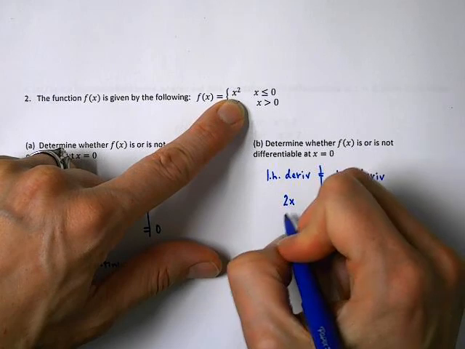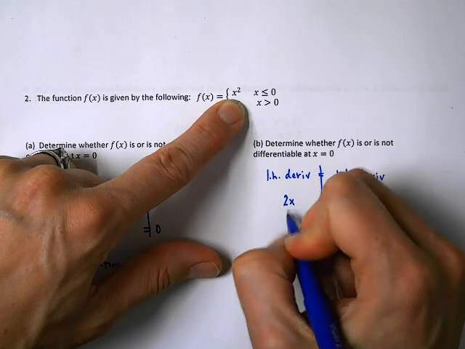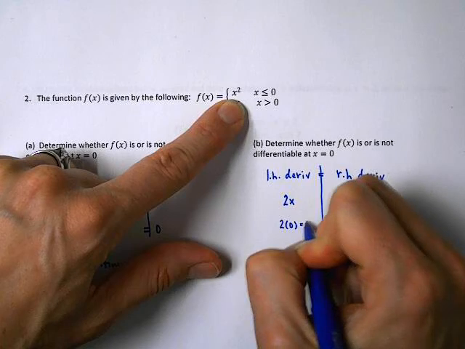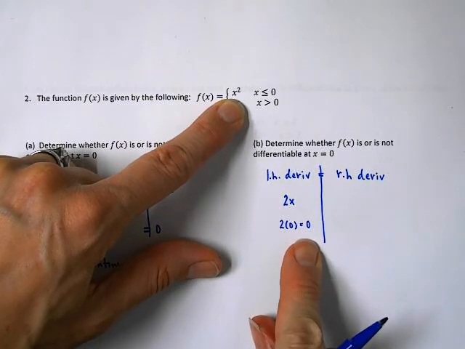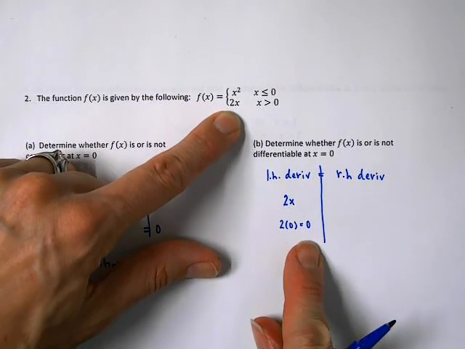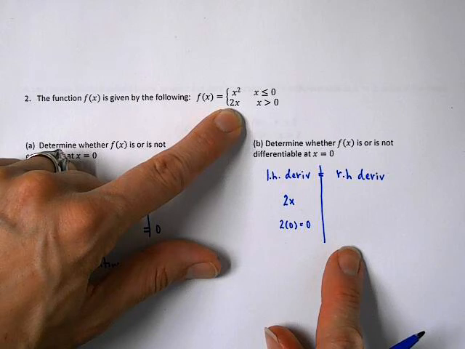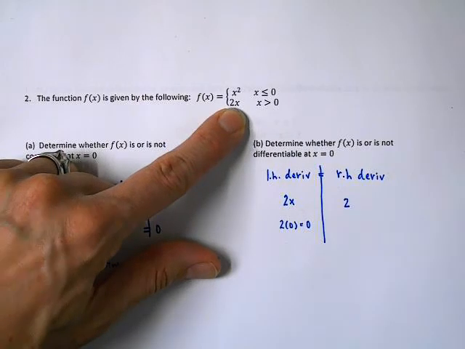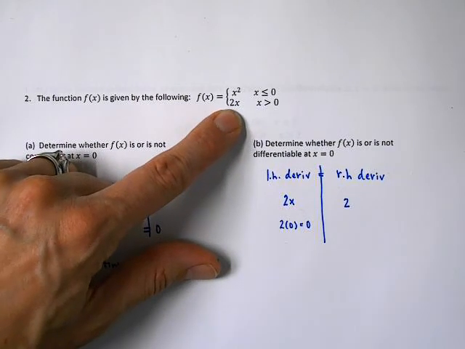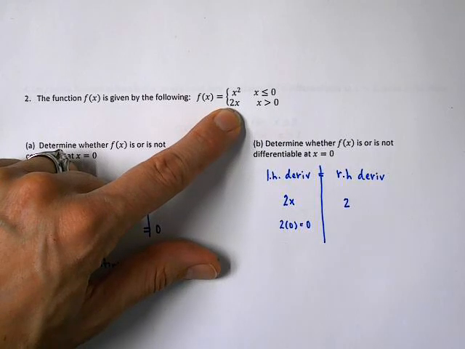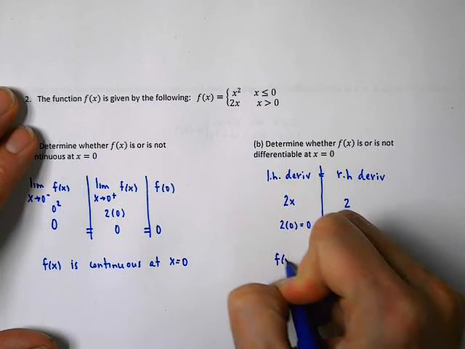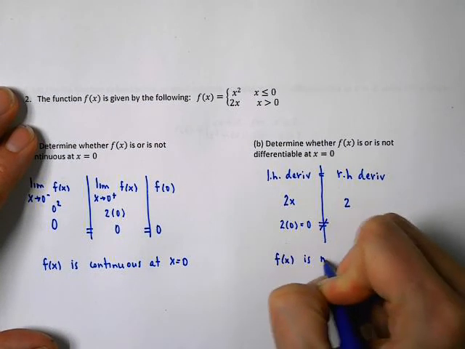So if I plug in 0, I get 2 times 0 is equal to 0. So my left-hand derivative is equal to 0. Now for the right side, the derivative of 2x is just 2. So anywhere along that piece, I'm going to have a slope of 2, which makes sense since this is linear. Since 0 is not equal to 2, we would say that f of x is not differentiable.